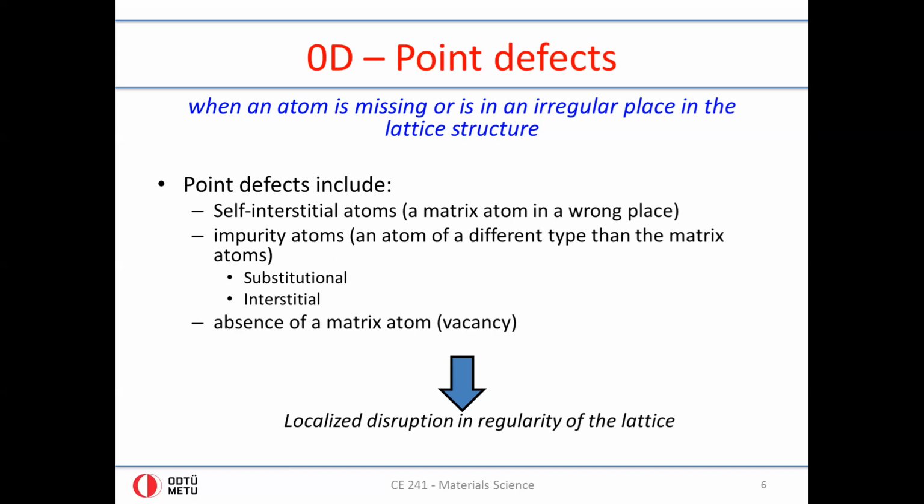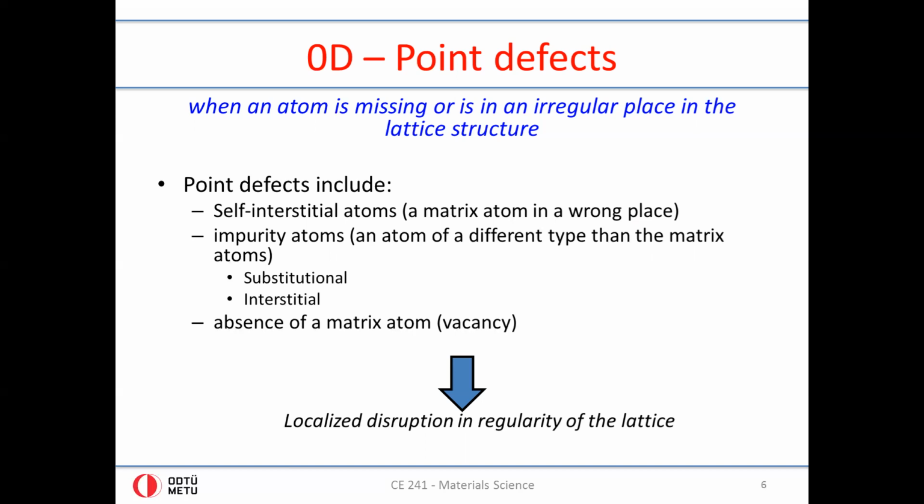And depending on whether the atom replaces the original atom in its regular position, say a corner, or whether it replaces it in some other position, the names become different, so substitutional or interstitial.